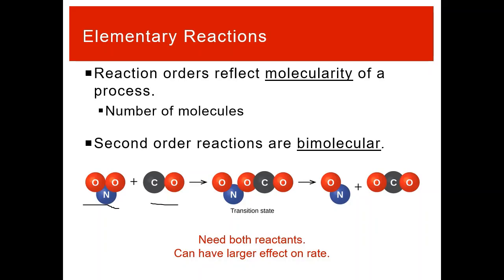It is bimolecular. You have two molecules participating. So you can have a bigger effect on the rate. You have more flexibility. Do you add more NO2? Do you add more CO? What are you trying to accomplish? How are you trying to move these around? You could also add more of both, which would have a double effect, or a squared effect on the rate. That's why you get that second order effect.